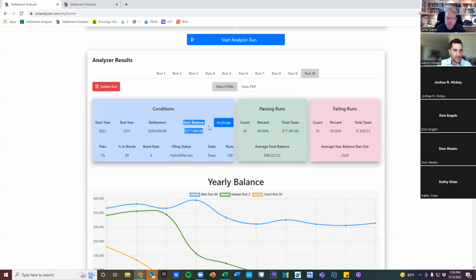So they have to take the tax hit and then invest it with their net amount of money from that $500,000 attorney fee. So all of the same parameters here, the same information. And again, we see nearly a 50-50 success rate to failure rate.